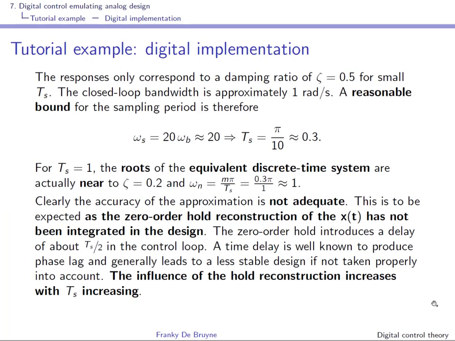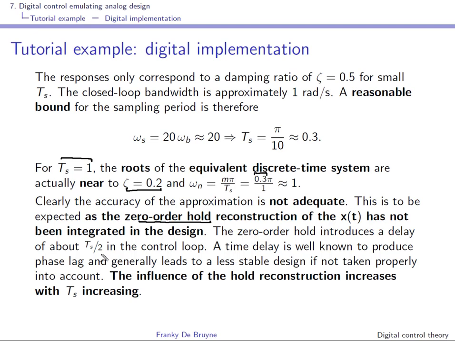So in summary, as we have seen in the diagram, for Ts equal to 1, the roots of the equivalent discrete time system are actually near to zeta equal to 0.2 and m equal to 0.3. So the accuracy of the approximation is not adequate. The damping is not as good as expected, and this is because of this zero order hold reconstruction that has not been taken into account.